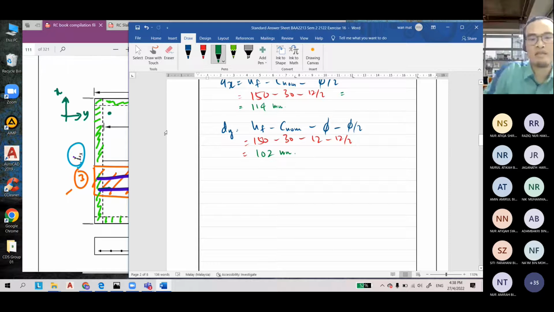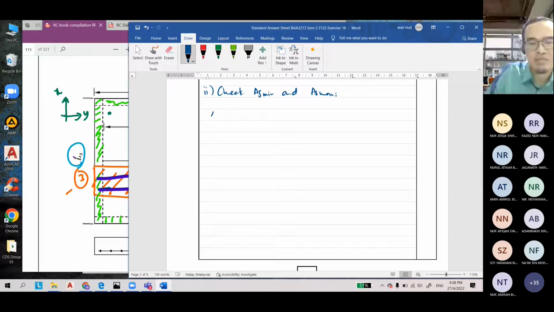So the second step is you check the As minimum and As maximum as usual. Let's do it together.